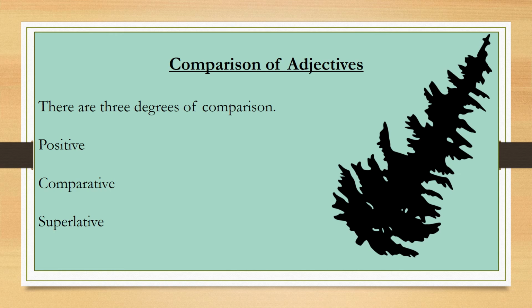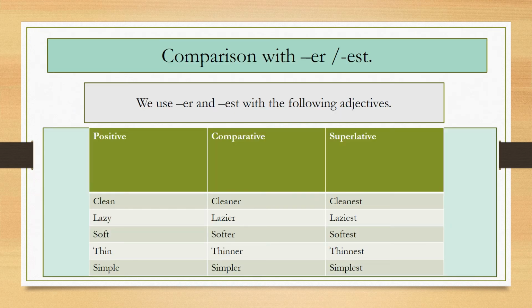After this, you will come across comparison of adjectives. You read in your earlier or junior classes that there are three degrees of comparison: positive, comparative, and superlative. Okay, comparison with er or est. We use er and est with the following adjectives, and here are a few examples.